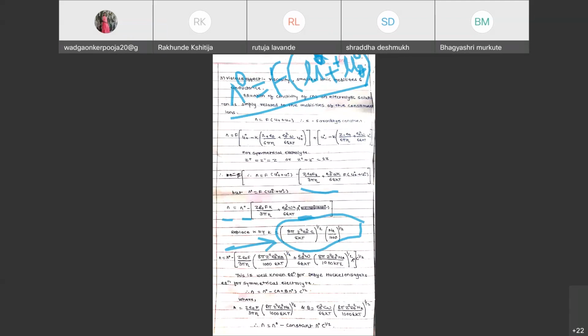Okay, so lambda is equal to lambda 0. What we learn up till this, lambda is equal to lambda naught minus whatever the value.